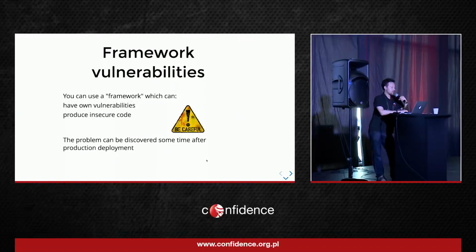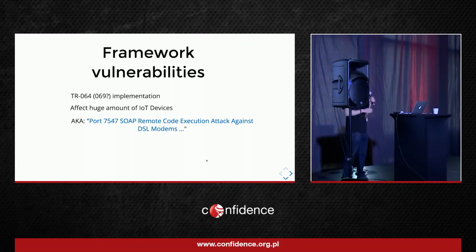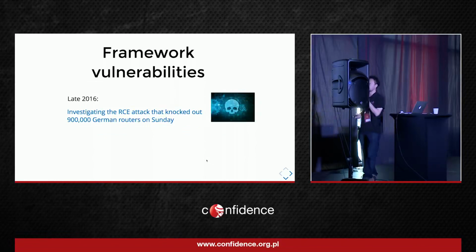Talking about framework vulnerabilities, I have just one example from the IoT world, and there was quite a big incident in late 2016. Someone was attacking, rebooting or infecting almost 1 million German routers.